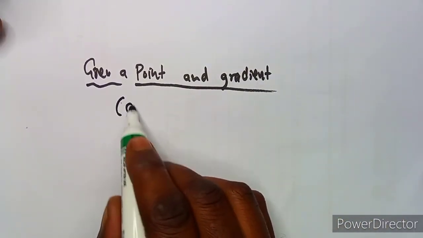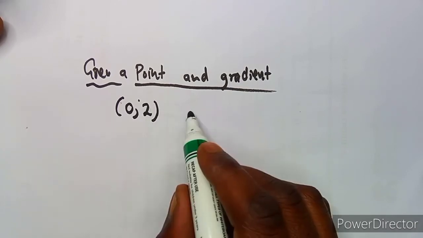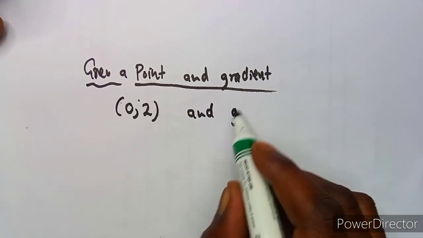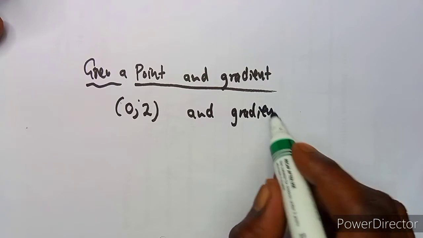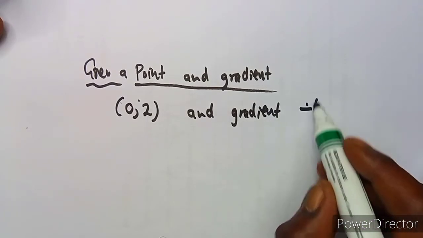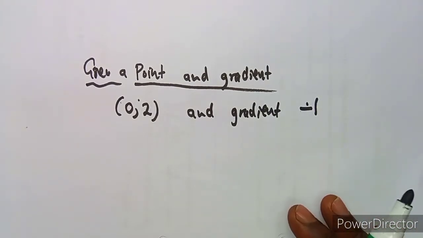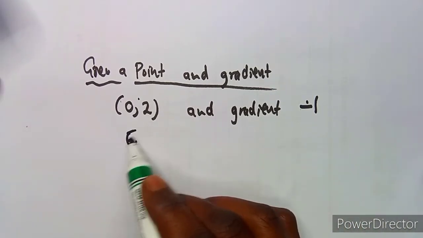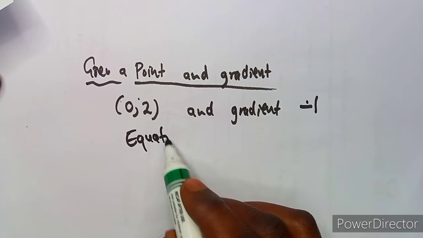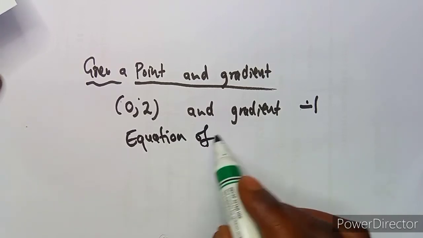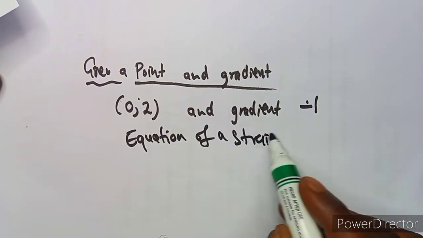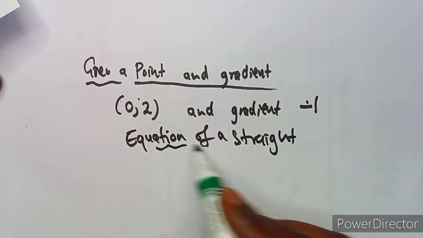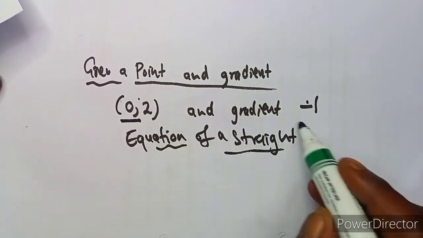Let's take for example, you're given the point 0,2 and the gradient is minus 1, and you're asked to find the equation of a straight line. We are talking about the equation of a straight line here. So how am I going to determine this equation given the point and the gradient?